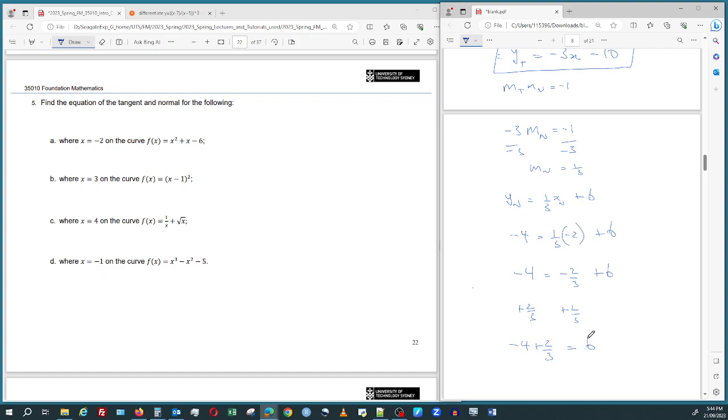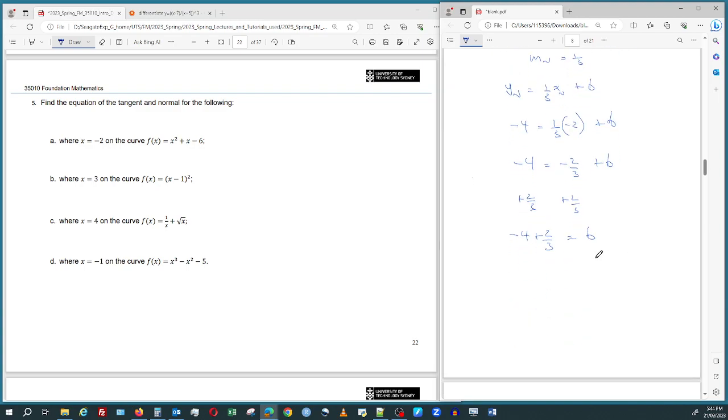Minus 4 plus 2/3 is equal to b. And so the final thing then, this is on a 1. So we need to multiply it by 1 not to change it, and it'll be 3/3. So we'll get minus 12 over 3 plus 2 over 3 equals b. Minus 12 plus 2/3, same family, equals b.